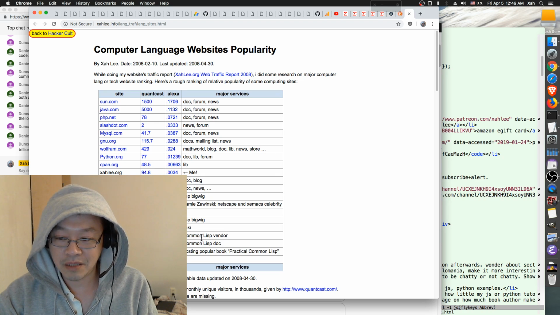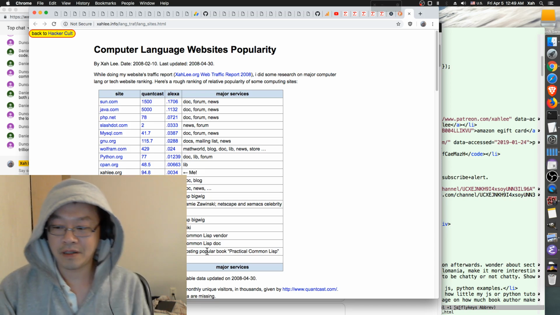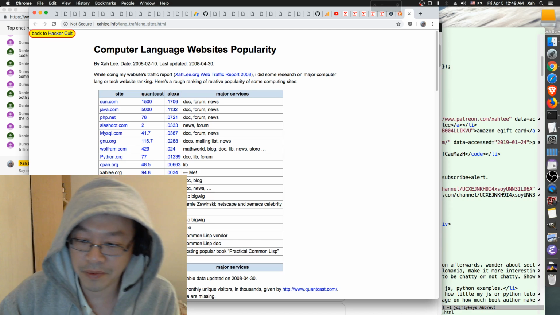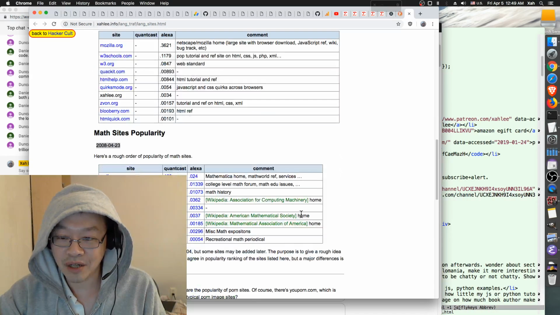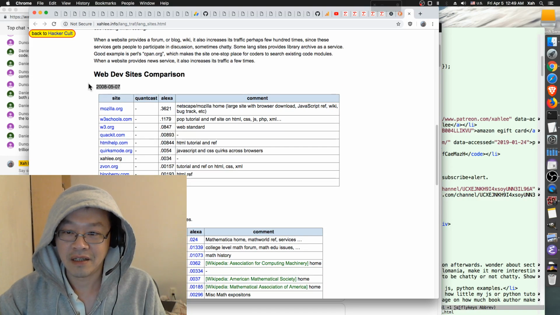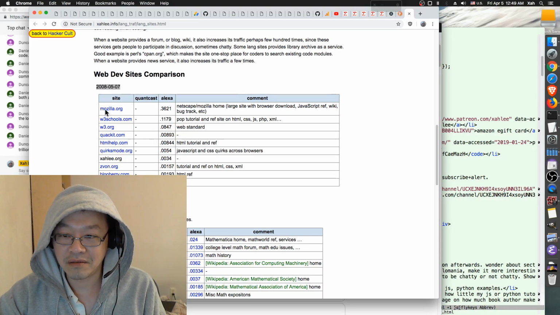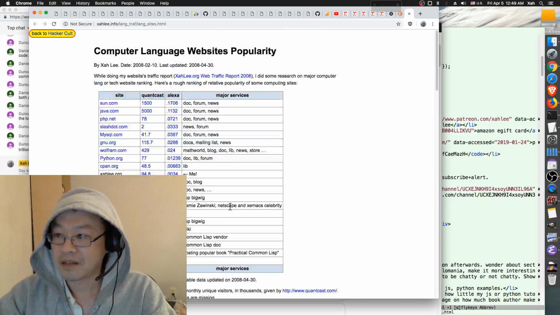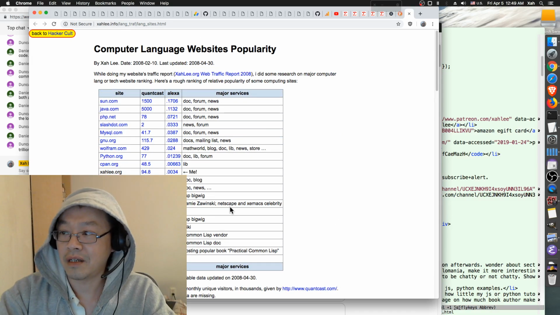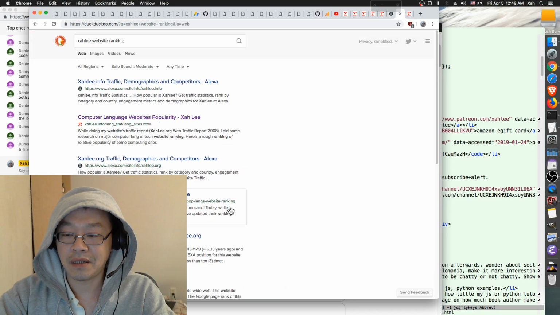Franz is a Common Lisp vendor, and so on. Gigamonkeys is a very popular Common Lisp book, Practical Common Lisp. So you see, I was ranking the traffic of popular websites. Then I was checking the ranking of web dev sites and so on. This is from 2008, so that's interesting. You might check it out.